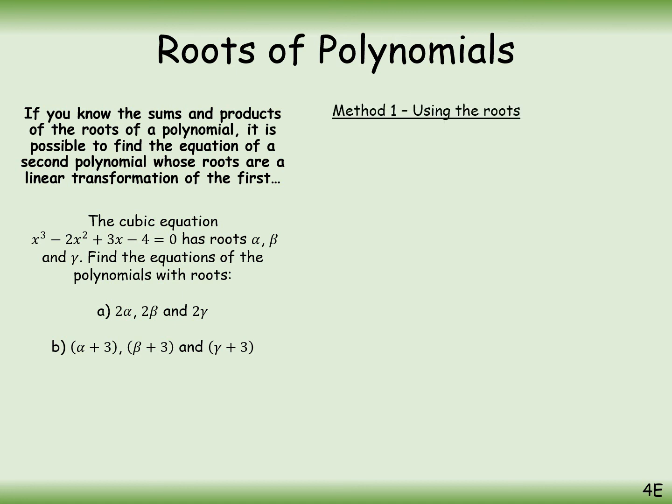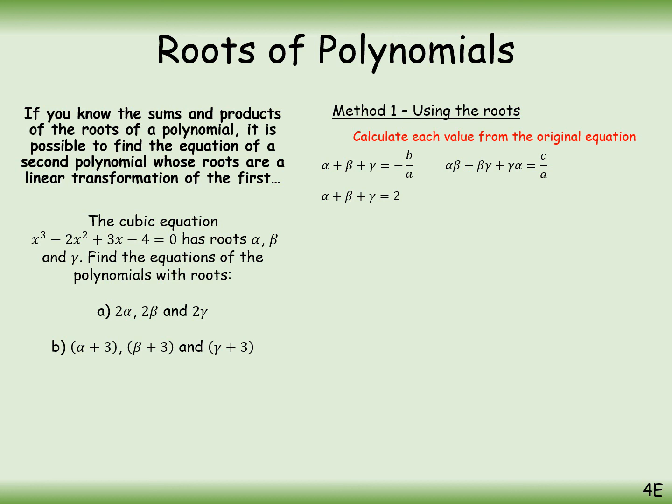So the first method is using the roots. So we calculate each value from the original equation. We know that the sum of the 3 roots is equal to minus b over a. So in this case, minus 2 over 1, minus 2 over minus 1, so that'll give you 2.